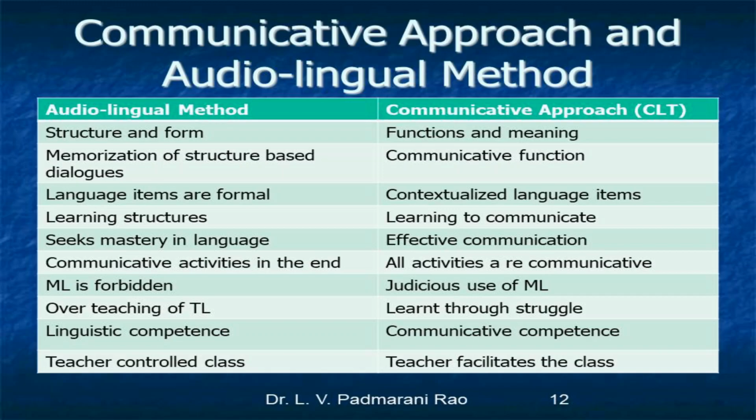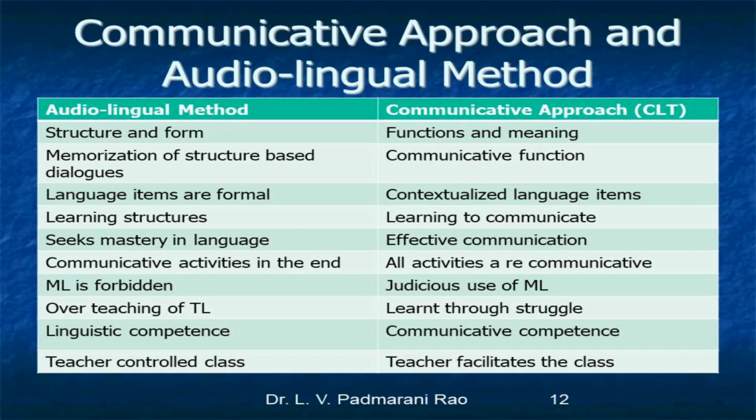The audiolingual method seeks mastery in the language, whereas communicative language teaching seeks effective communication. Communicative activities come at the end of the audiolingual method, whereas communicative language teaching encourages all these activities right from the beginning till the end.